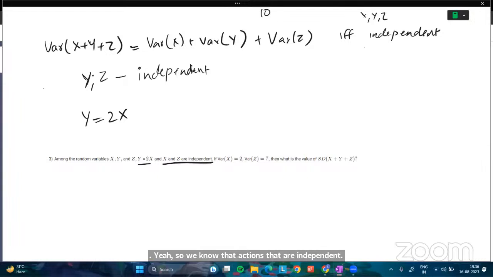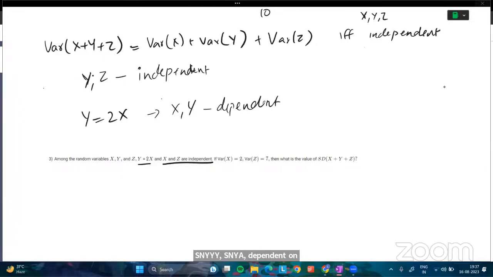So how can you say that all 3 are independent? Okay, so because y is equal to 2x, x and y are dependent on each other. Yes, ma'am. So we can't use this formula.